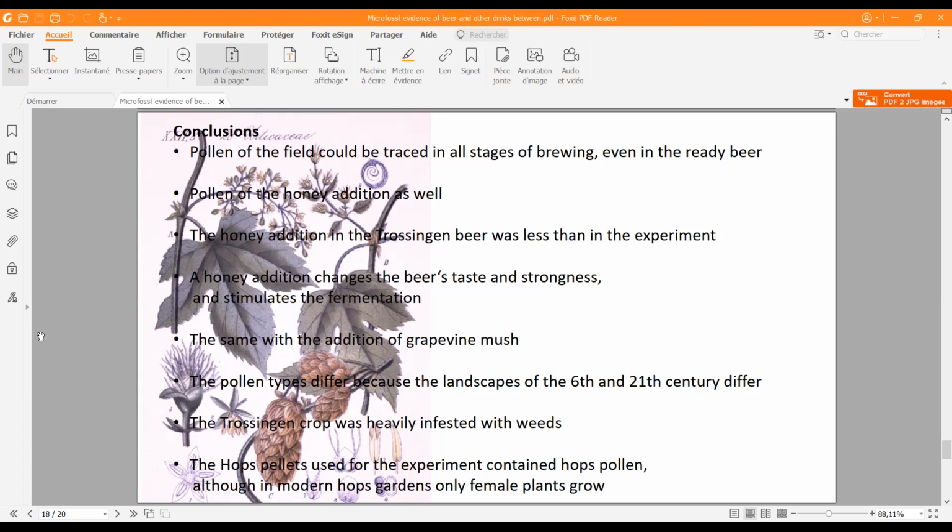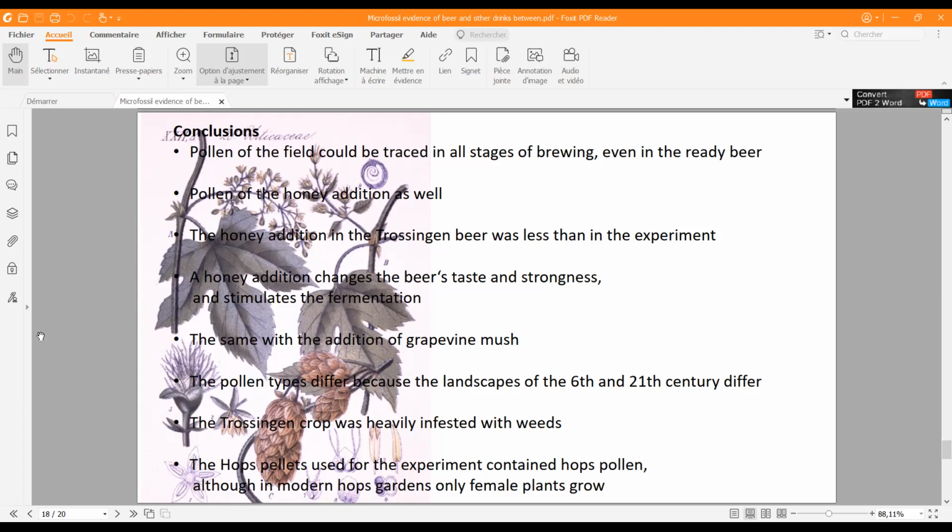And when we compare the wild plants, the weeds and so on, between the experiment and the old beer, there is a big difference. The Trossingen beer cereals were infested heavily with weeds, a lot of weeds.